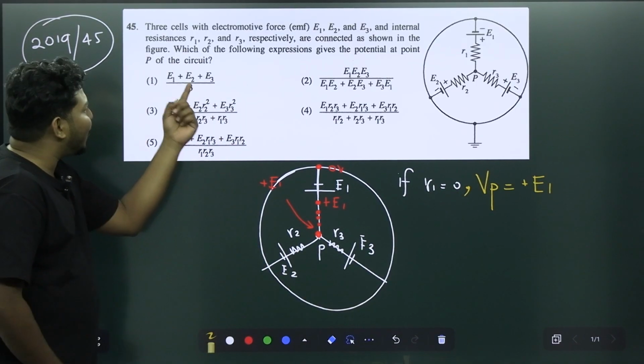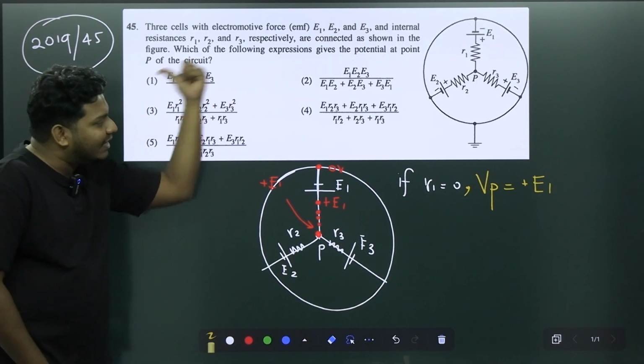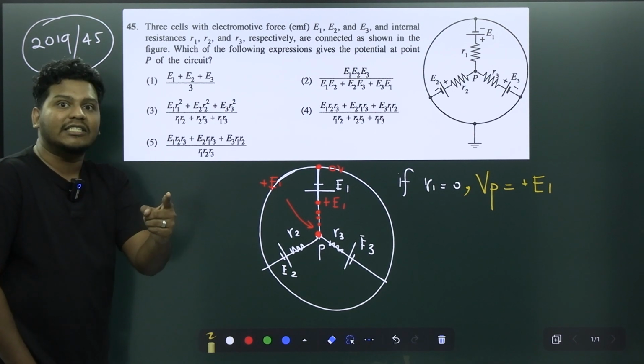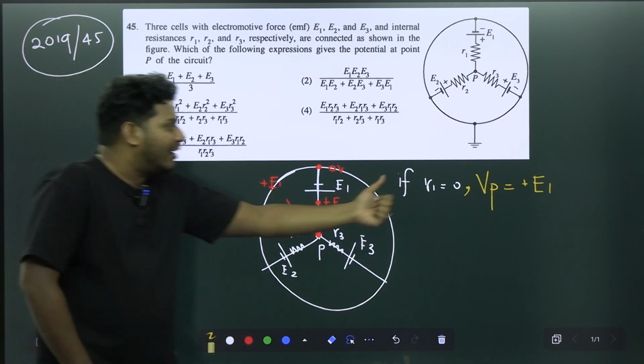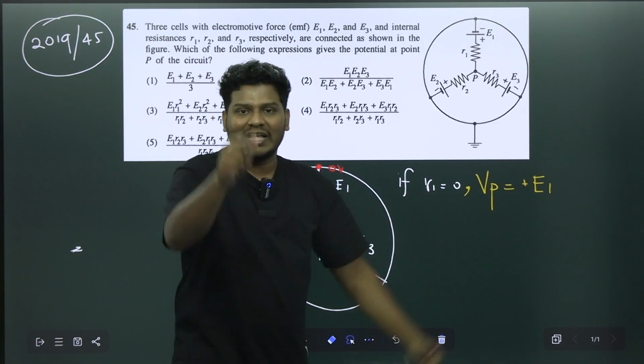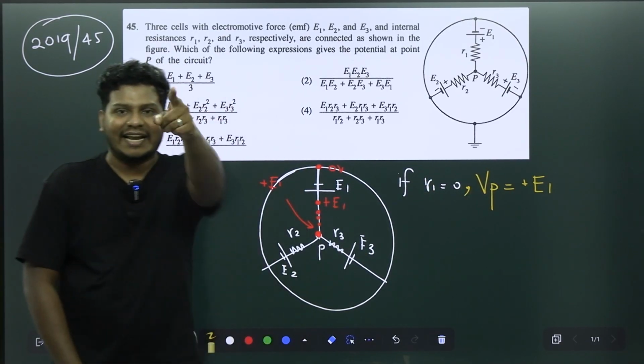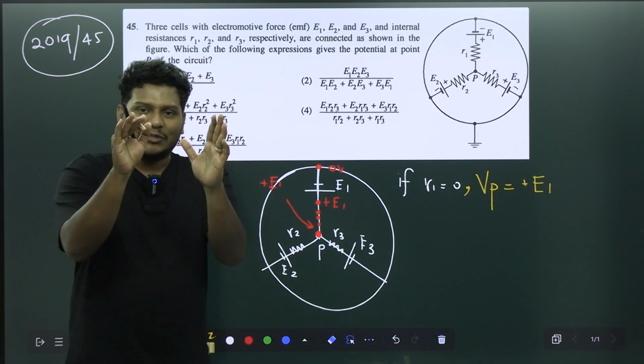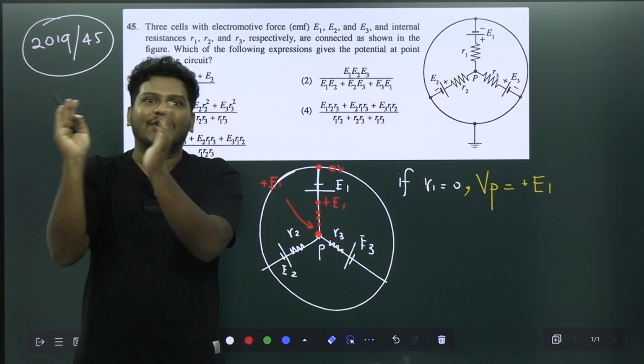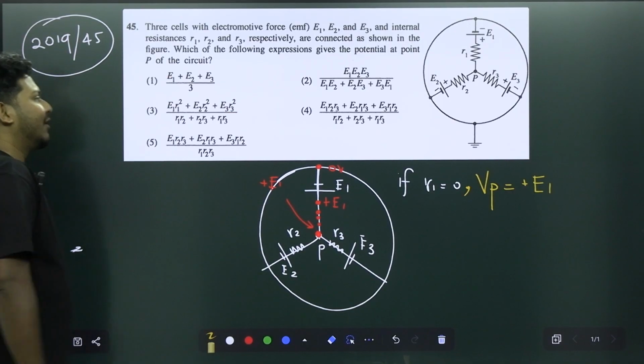So if I substitute R1 equal to 0 in the answer, the answer should be plus E1. If one of the answers gives us plus E1, that is the correct answer, right? So I am going to use this simple elimination method.